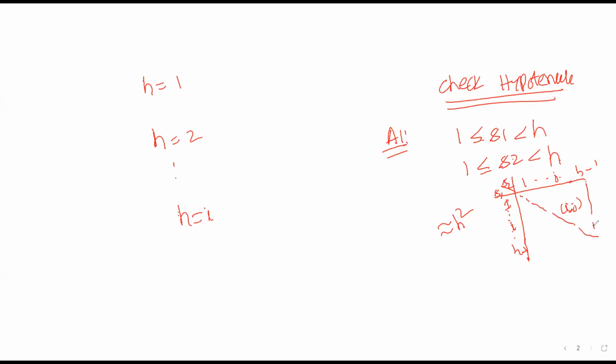So in algorithm A2, S2 starts from S1 to h. So we traversed only the upper triangular matrix, and because of that, the number of checks that we made is h square by 2, approximately.